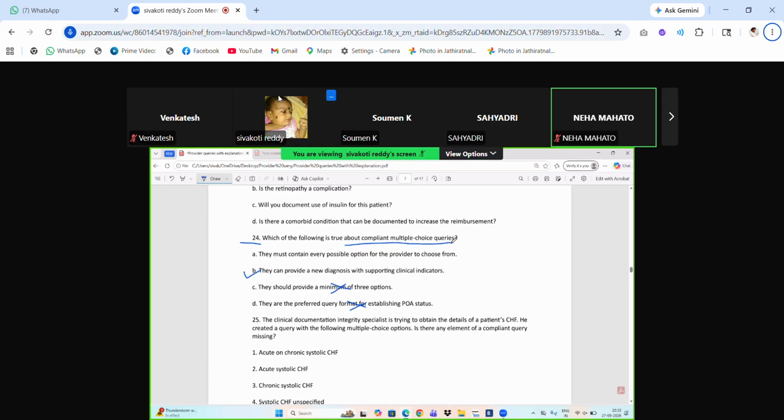We don't know which condition, so they can provide a new diagnosis with supporting data. The provider will give the diagnosis based on the supporting data, from the options you provided or another diagnosis. We don't know the diagnosis, that's why it should be a new diagnosis.